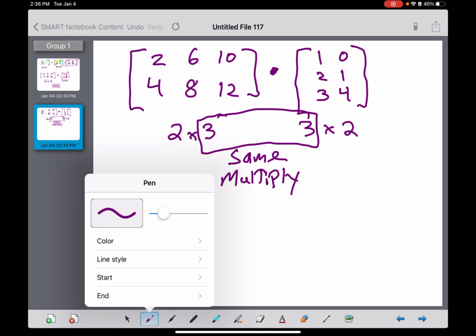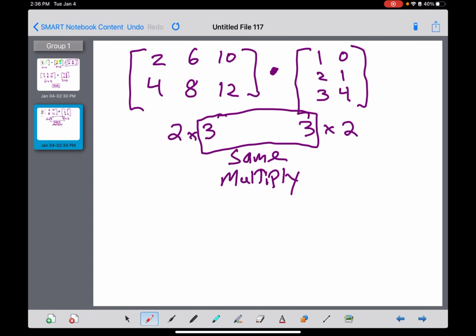Now, the resulting matrix that's going to be created, we've got this equal to something at the end. How do we know what the end size is going to be? These two outside pieces determine the final dimensions of your new matrix, so we are going to create a 2 by 2 matrix.